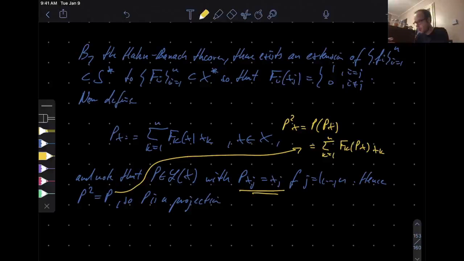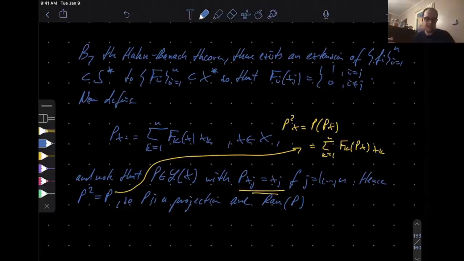So P is a projection, and what is the range of P? Well, everything that comes out here, remember capital Fk is a linear functional, so that spits out a scalar. So everything in the range is just a linear combination of the xk's.